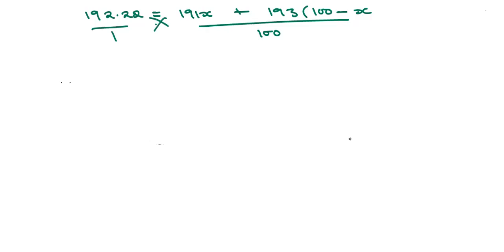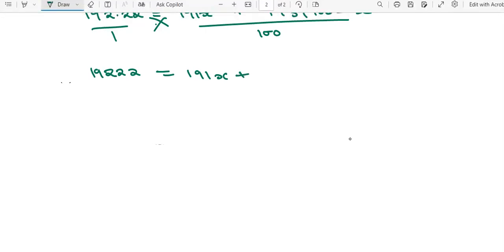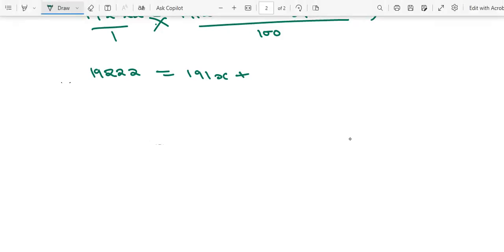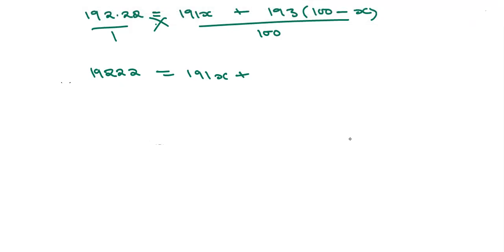Once we cross multiply, we are going to have 19,222 equal to 191x plus, now we multiply 193 with whatever is in the brackets, so we have 193 times 100, which is 19,300, minus 193x.